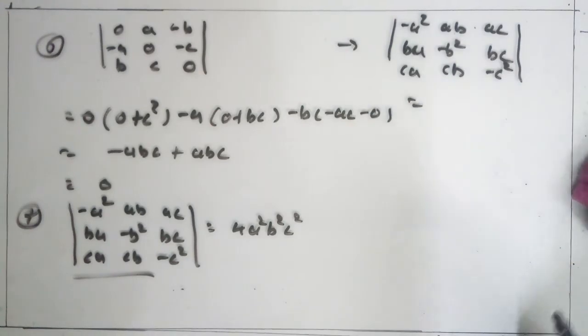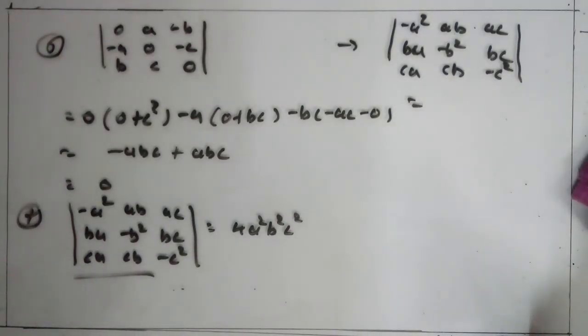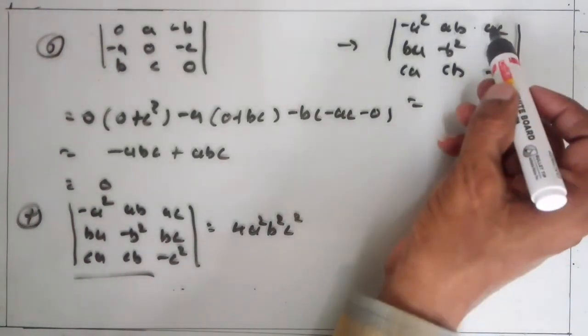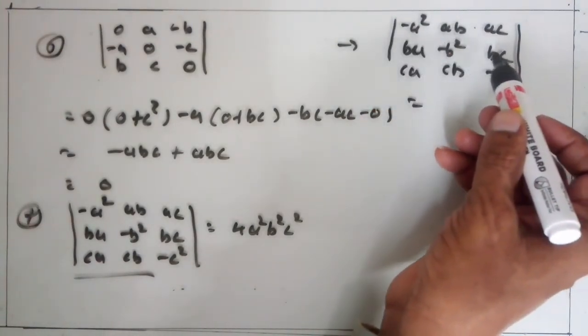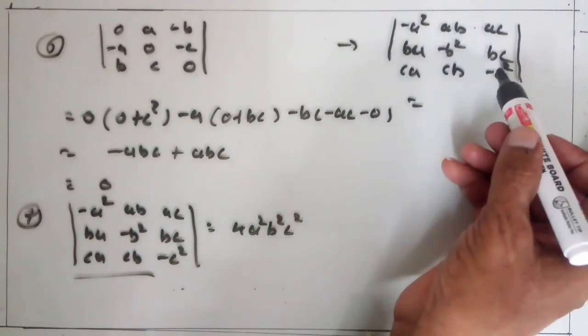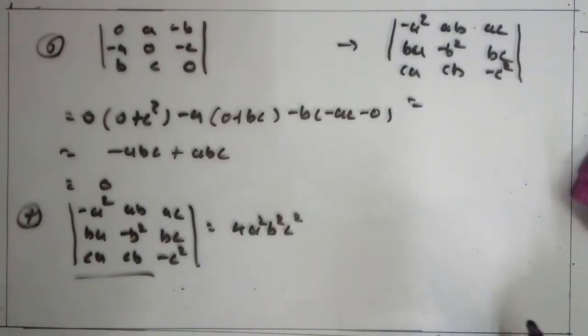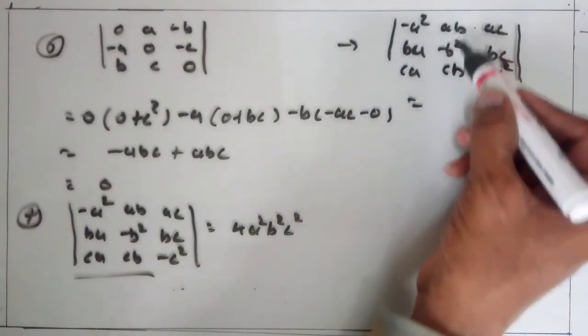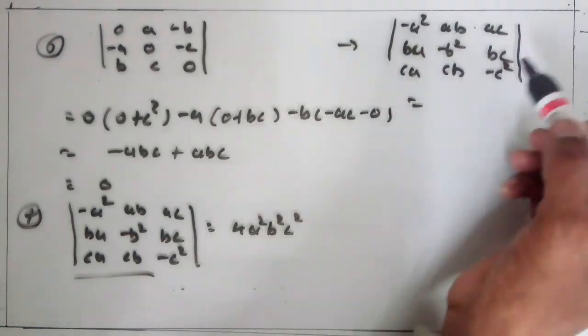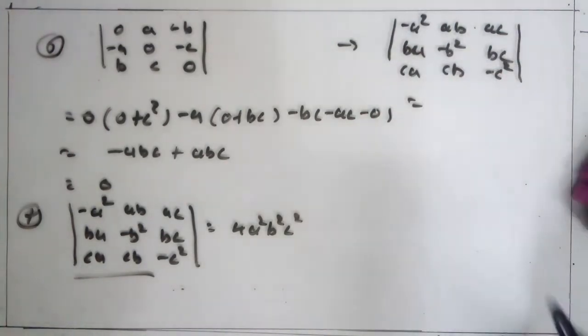For this type of question, first take common A from the first row, take common B from the second row and take common C from the third row. Or take A common from the first column, same B from the second and C from the third.